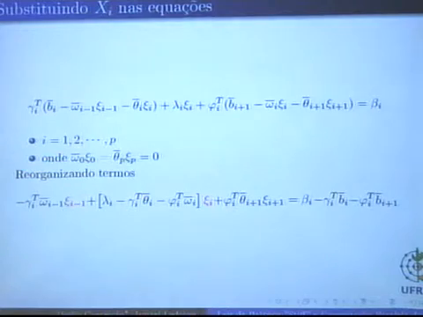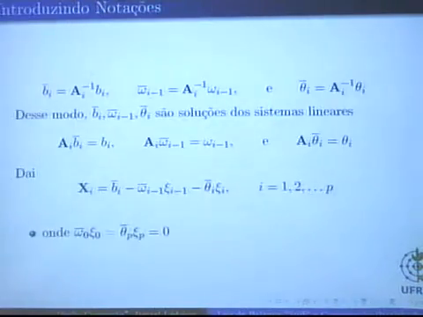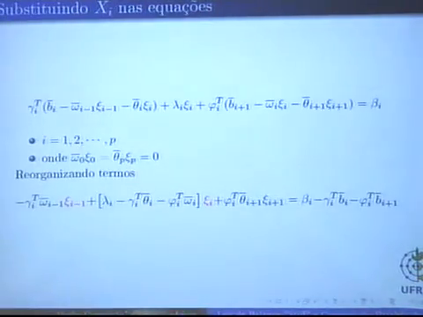Introducing this in the other equations, that is these other ones here, beta 1, beta 2, and beta p minus 1, we get the system where psi i is no longer here. We have as variables only xi minus 1, xi, and so on.